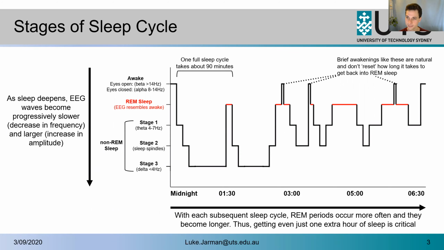I might pipe in at this stage, Luke, and point out that as sleep progresses, you have longer and longer REM sleep before you wake up. And as you sleep, you have longer and longer stage 1, 2, 3, and 4 of sleep. So you're in deeper stages of sleep when you first start sleeping, but when you're about to wake up, you have more REM.